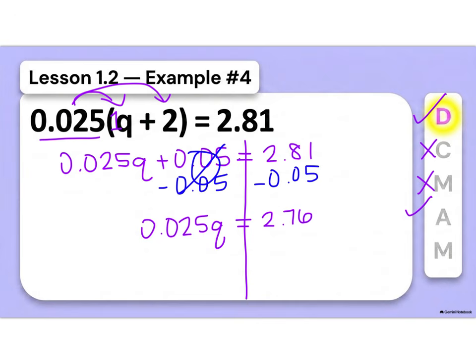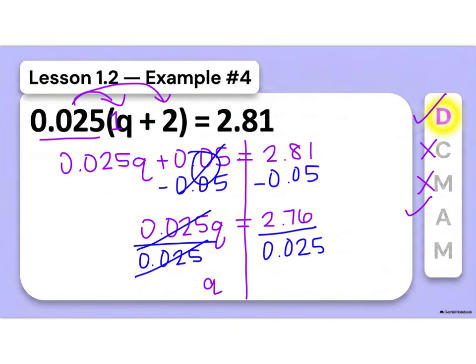And then my last step is going to be to divide off my coefficient of 0.025 on both sides. These 0.025s on the left reduce to 1, leaving me with q equals 0.4 when I divide 2.76 divided by 0.025.